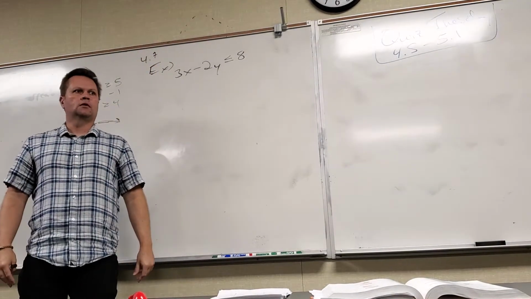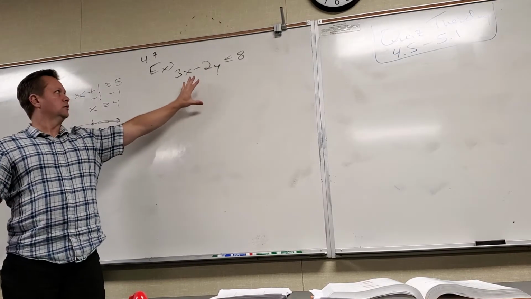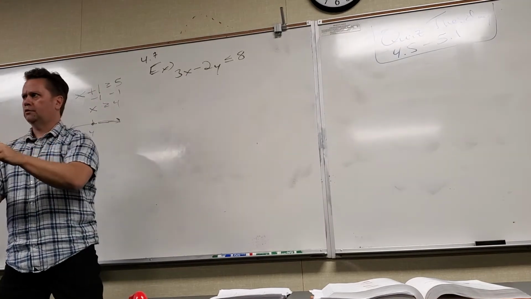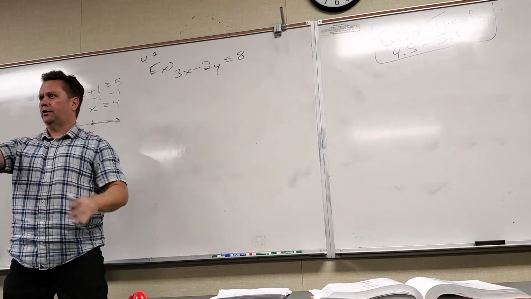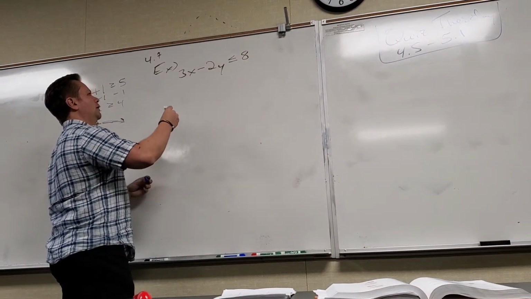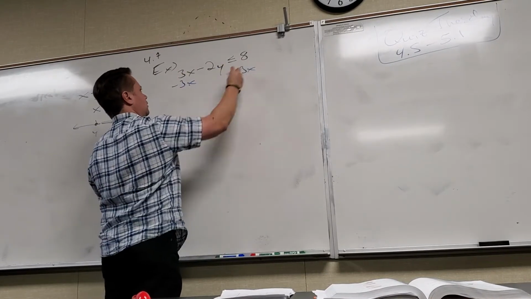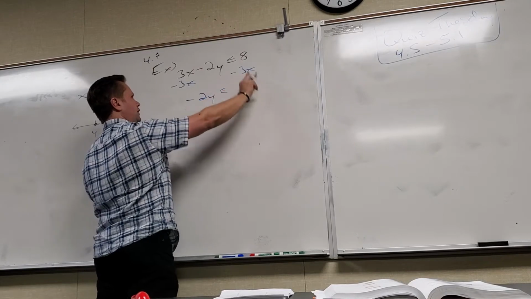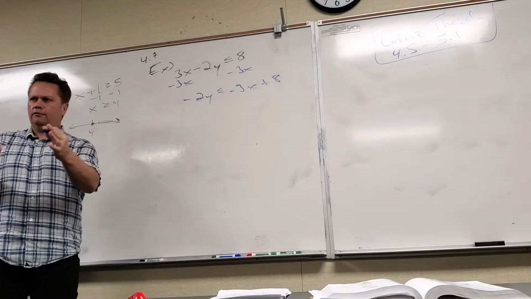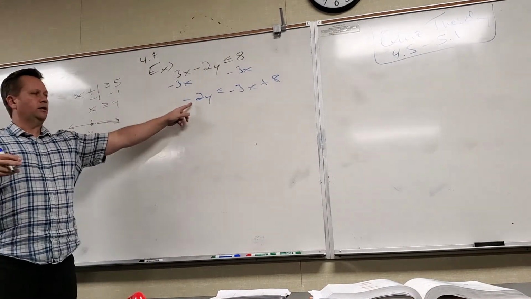Exactly the same. So how do I figure out the parts of this line so I can graph it? What do I need to graph it? Slope, y-intercept, I love it. So how do I get that? Yeah, subtract 3x, I like it. Just to get it in the right format, divided by -2.